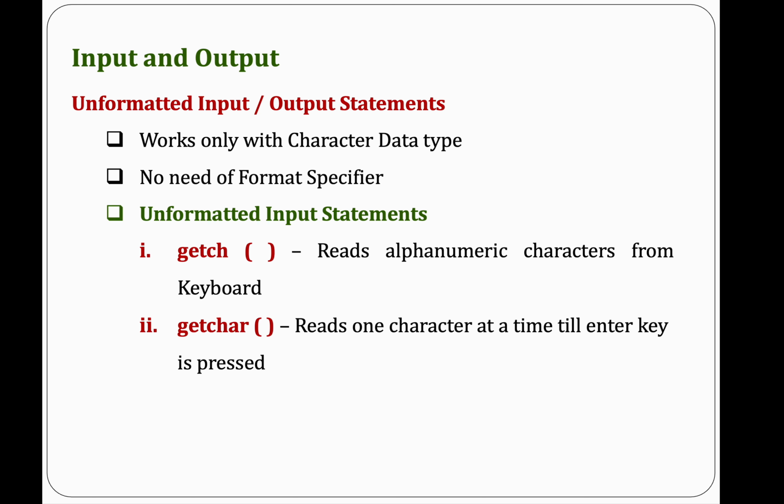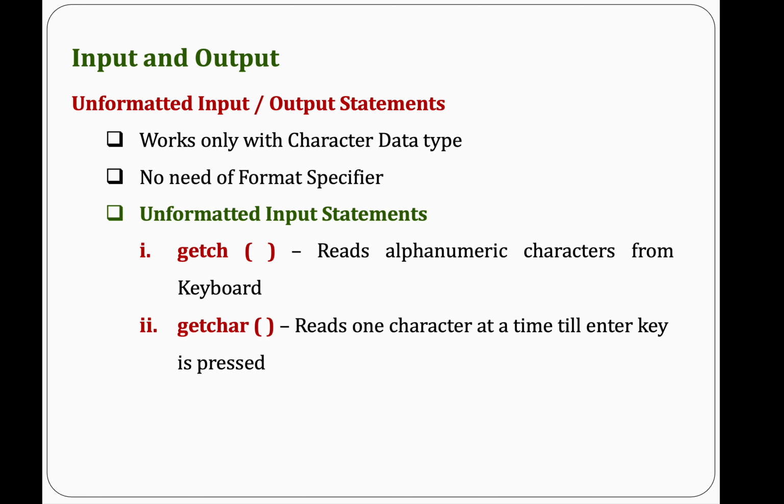Next, getchar gets a character from the keyboard. There is a difference between getch and getchar. Getchar reads one character at a time till the enter key is pressed. It reads only one character, but if you press enter, whatever character it got will be stored somewhere.